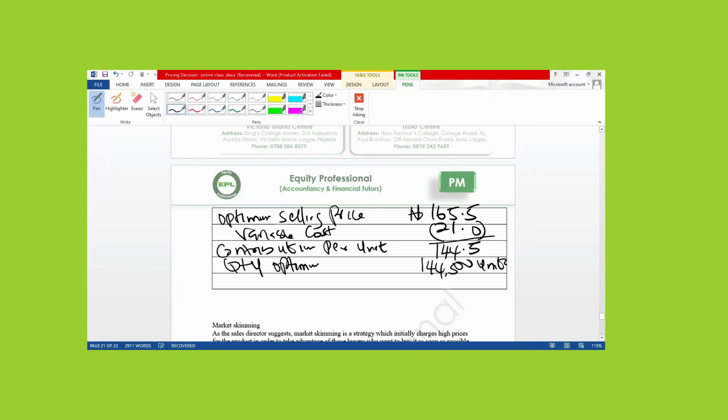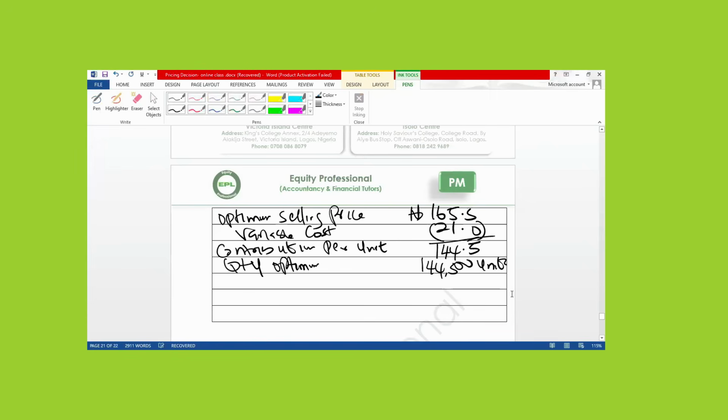Yes. Now get the total contribution: 144,500 multiplied by 144.5 gives 20,880,250.